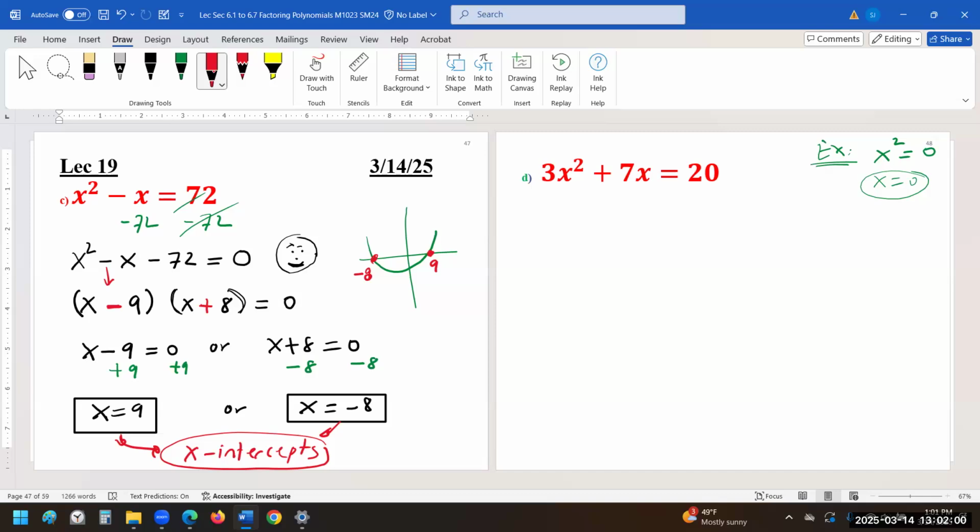What is wrong with the next question? The first wrong thing is what? We don't have a 0. So what to do to have a 0? We subtract 20. So we get 3x squared plus 7x minus 20 equals 0.